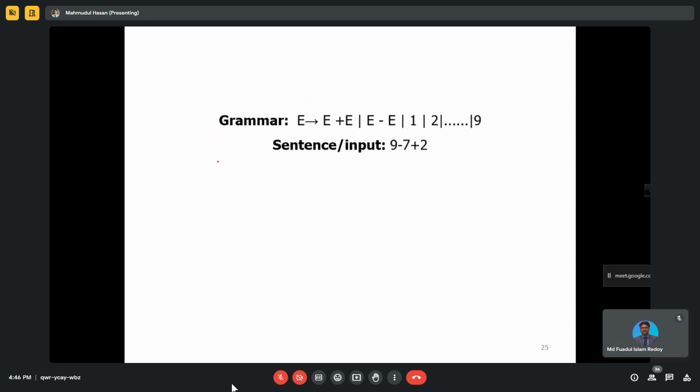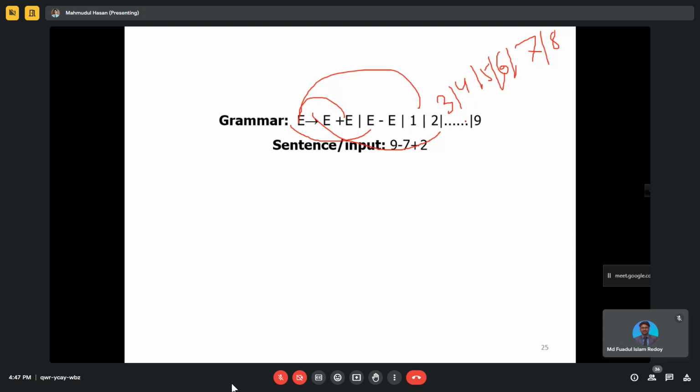The grammar is E to E plus E, E to E minus E, E to 1, E to 2, then 3, 4, 5, 6, 7, 8, 9. That's why I simply put dot dot, because if I write all the digits, it is huge.